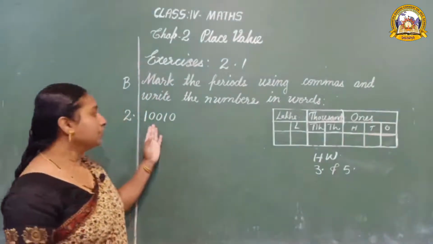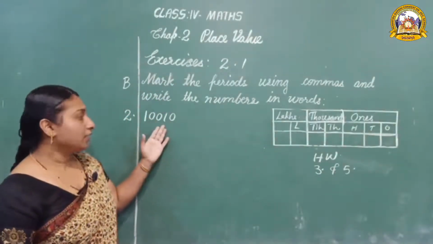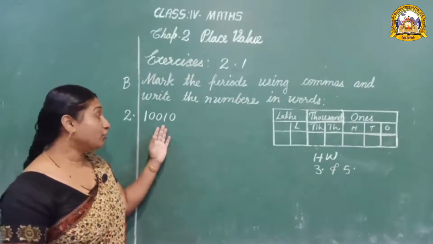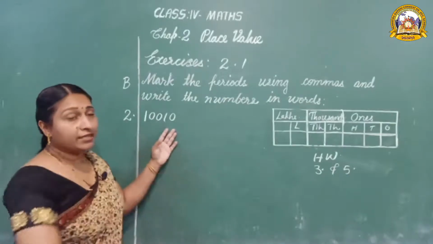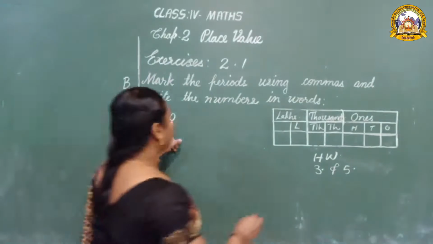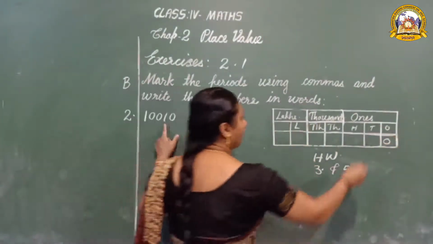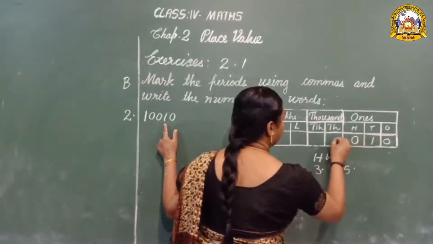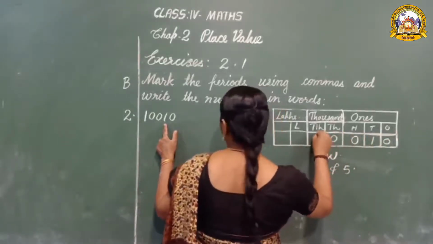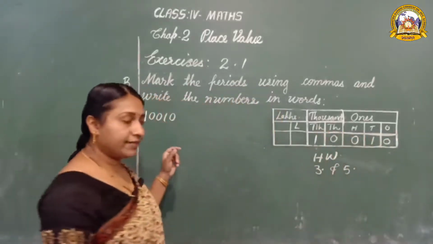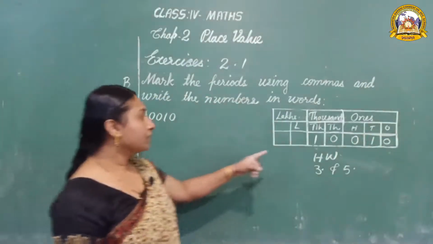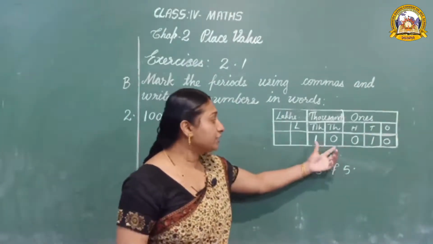Okay, second, it is the number. First we have to arrange the digits in the place value chart. How many ones are there? 0 ones, then 1 ten, 0 hundreds, 0 thousands and 1 ten-thousand. Children, how can we read it?